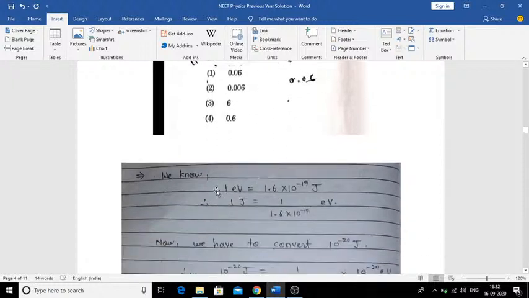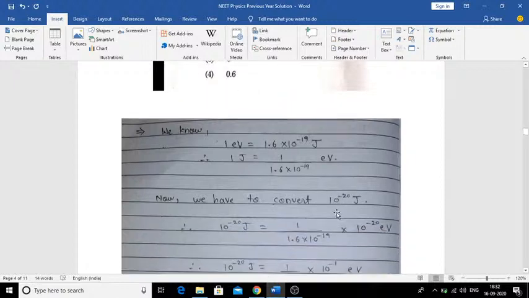We have a relation of electron volt and joule: 1 electron volt is equal to 1.6 into 10 raised to minus 19 joule, right? So from here we can write that 1 joule will be equal to 1 upon 1.6 into 10 raised to minus 19 electron volt. And now using this relation we have to convert 10 raised to minus 20 joule.